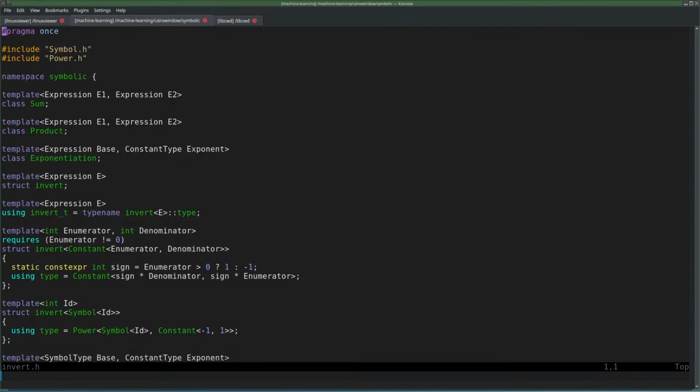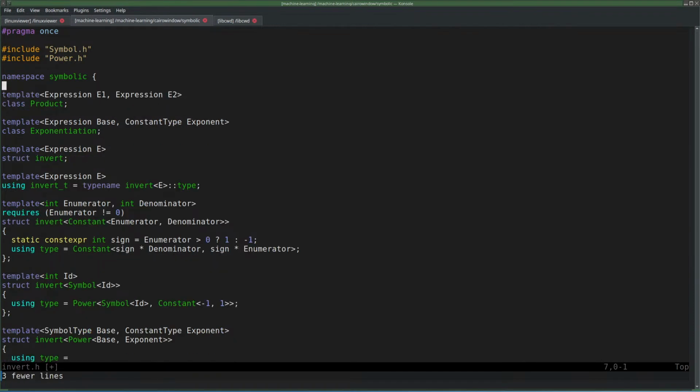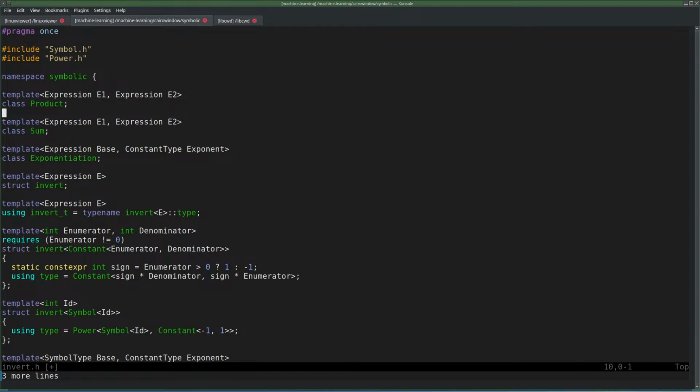Seems to be a little bit of a dead end. Nevertheless, I'm gonna finish it. Let's not include anything at the top. Let's just have a certain order in these things. Some should go there. Symbol and power should go above here.